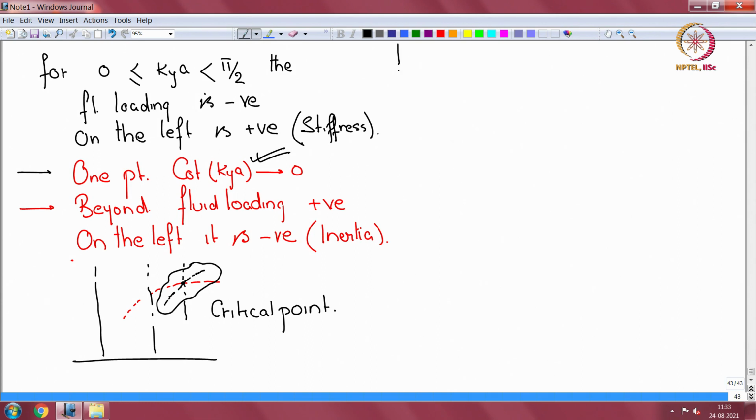So even by the language, what that means is that the structure or plate does not see the fluid, does not see or experience the fluid.